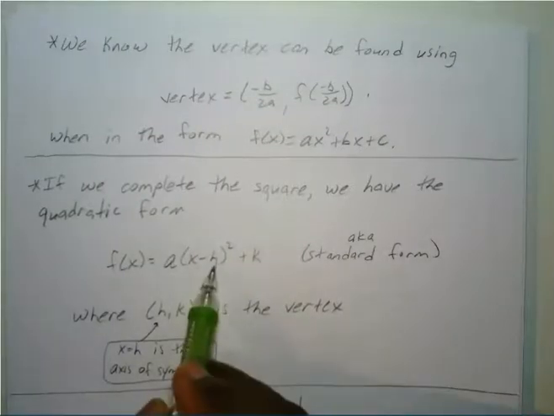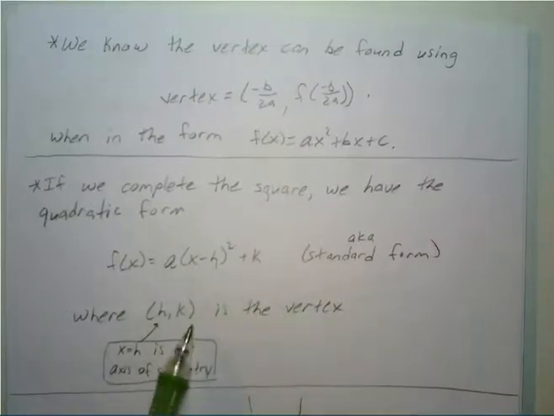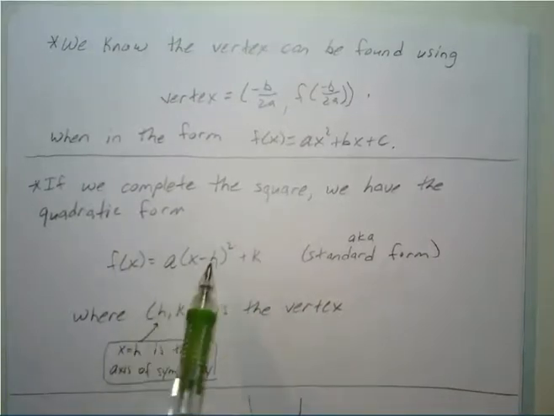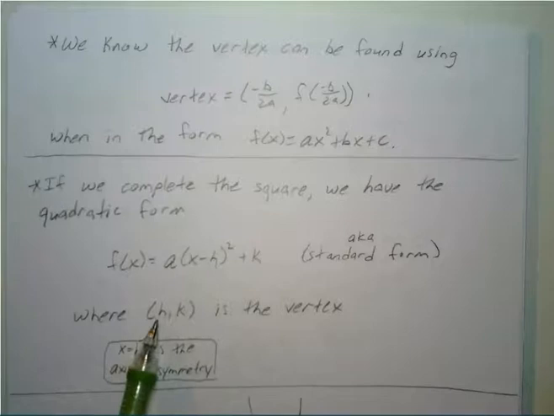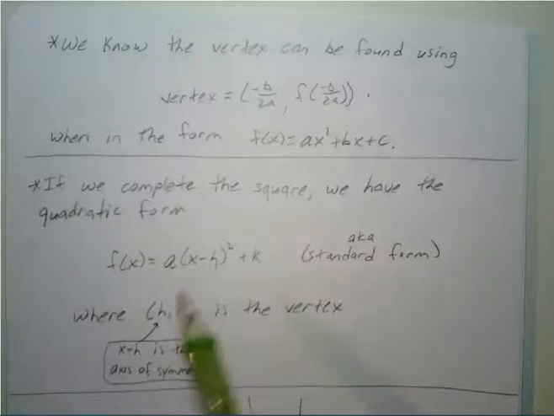So we know here that h and k are the vertex. And when it's in this form, the h value is our axis of symmetry. So it's a little bit different when it's in this form as opposed to the other form.